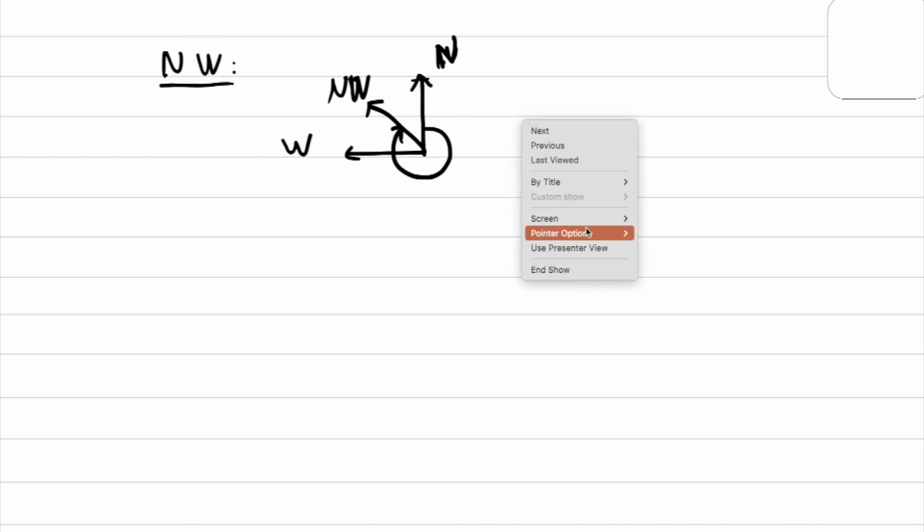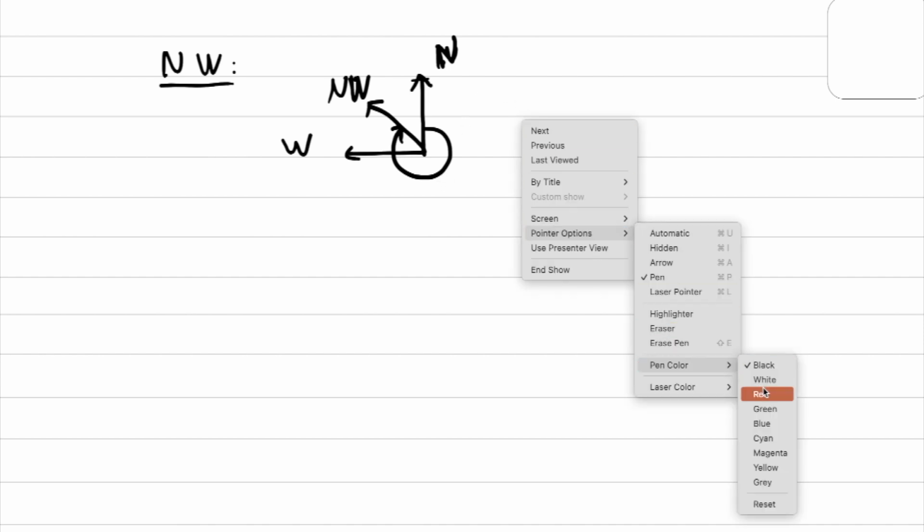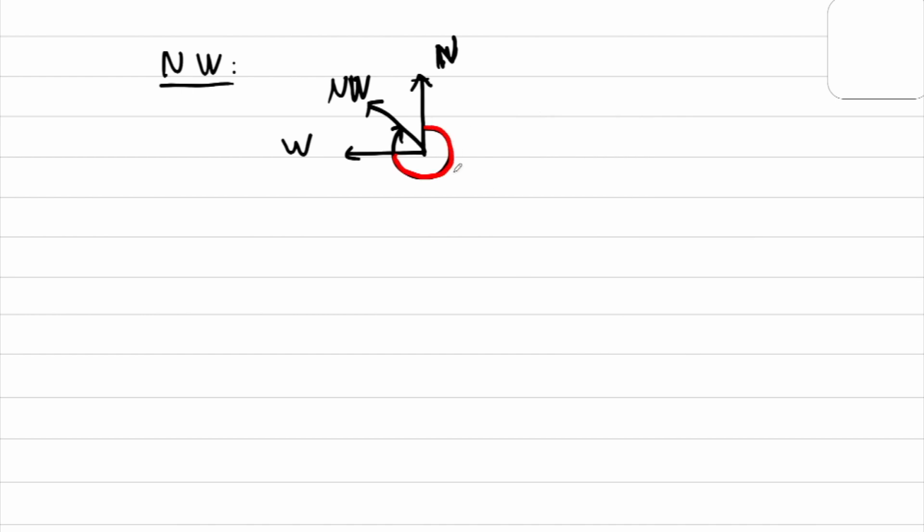The first part of this angle is 270 degrees, and the second part is 45 degrees. So the bearing angle of northwest is 270 plus 45 degrees. You get 315 degrees.